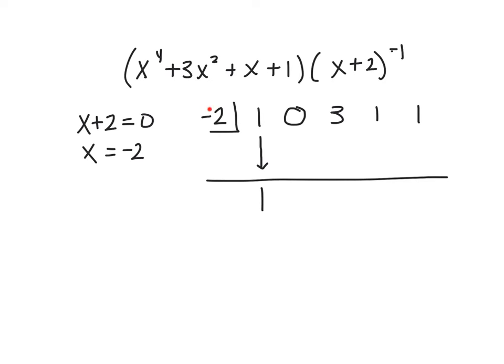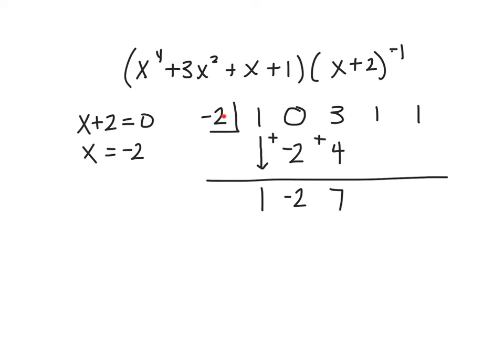and then we're going to take negative 2 times 1, be negative 2. Add those together to get negative 2. Multiply negative 2 times negative 2. We get positive 4. Add those together to get 7.